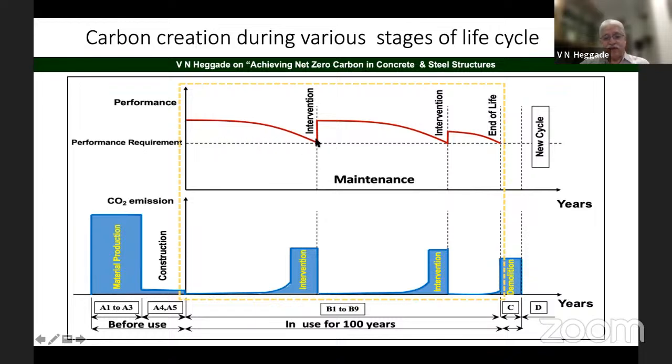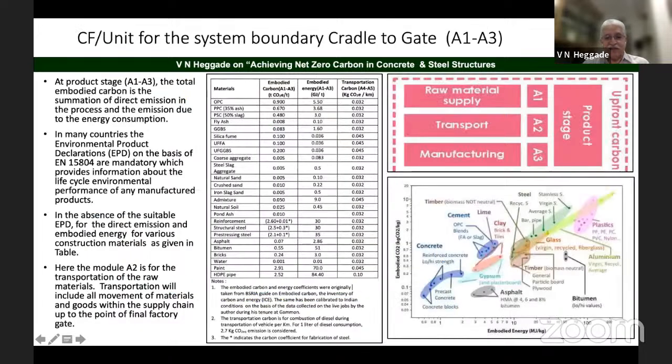As the performance level reduces, you will have to intervene here and repair the structure, rehabilitate the structure, and make the performance level go up again, and again it comes down. So several interventions are required, and also the maintenance of the facility for the 100 years is required. That is how in-use stage carbon dioxide emission also takes place basically.